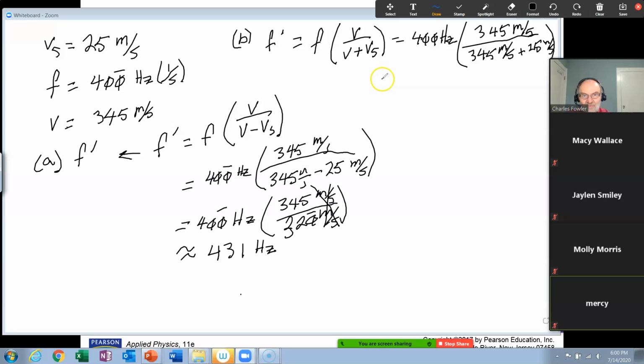Okay, so this will be the new Doppler shifted sound: 400 hertz times 345 meters per second divided by, this time you add the 2, and that's 370, I think, right?